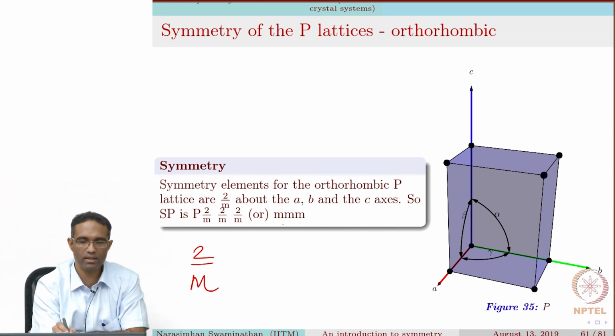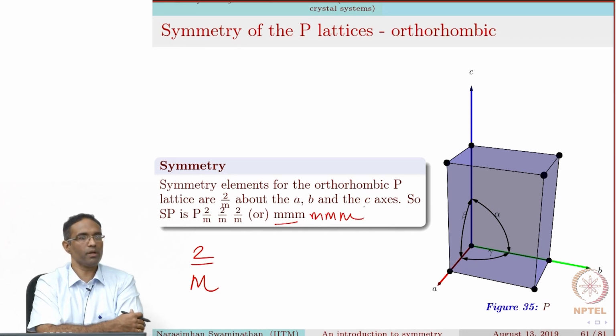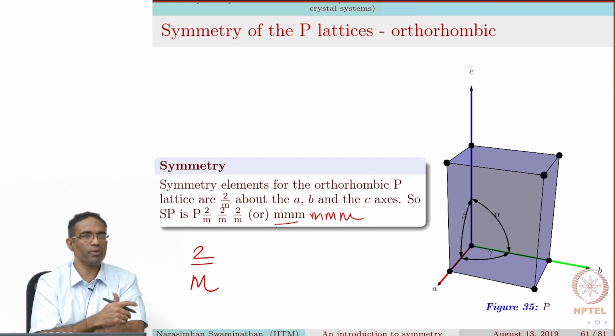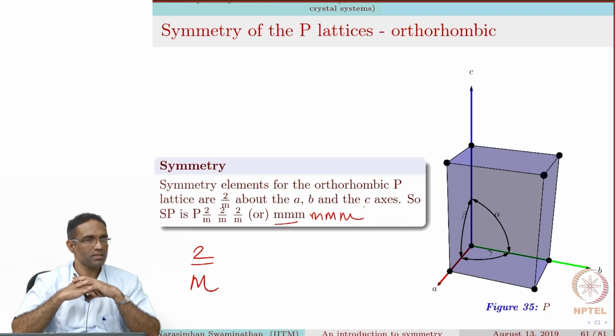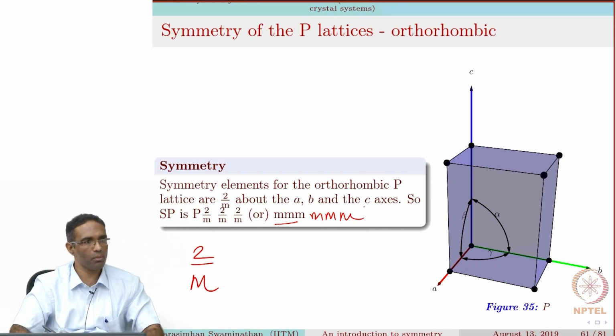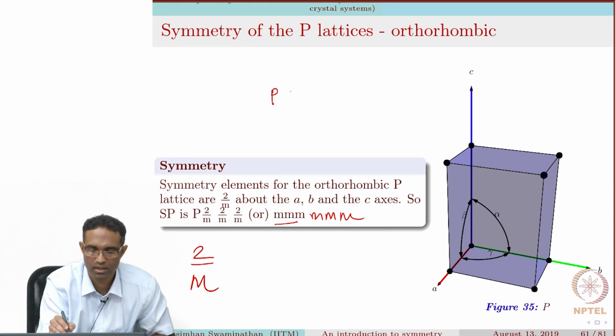So you can also write this as mmm. There are mirrors perpendicular to all the 3 axes, or mirrors for which the normals are the 3 axes a, b and c. So this is basically the orthorhombic unit. The space group for the orthorhombic unit is P 2 over m, 2 over m, 2 over m.